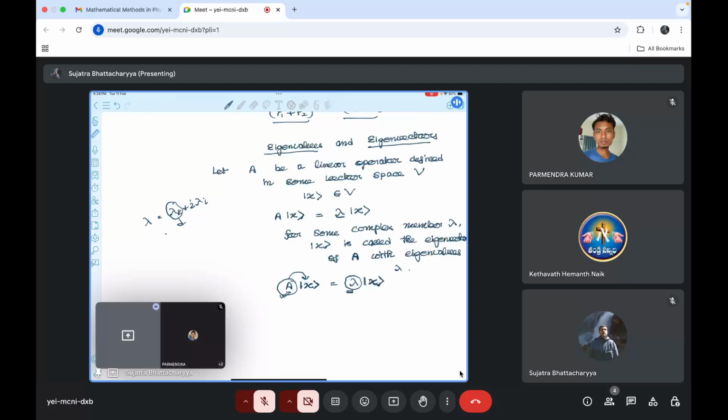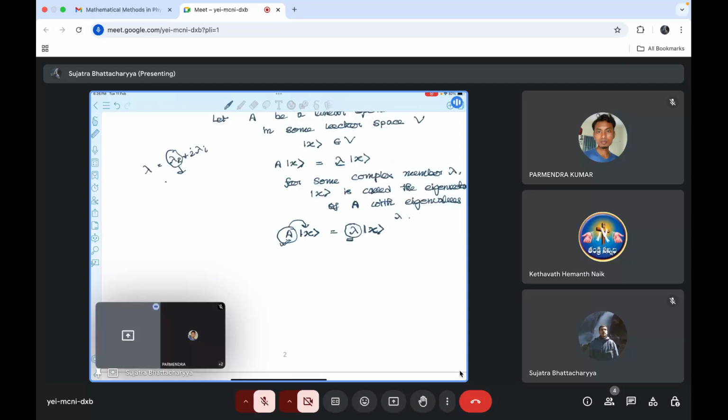Okay, so this is how it is defined, and there is a whole spectrum. There can be many, so you have lambda one, lambda two, depending on the dimension of the matrix.